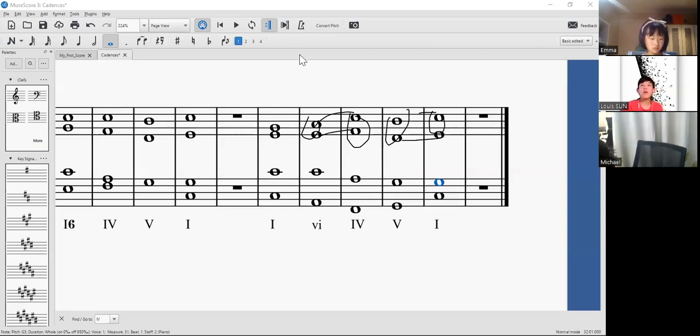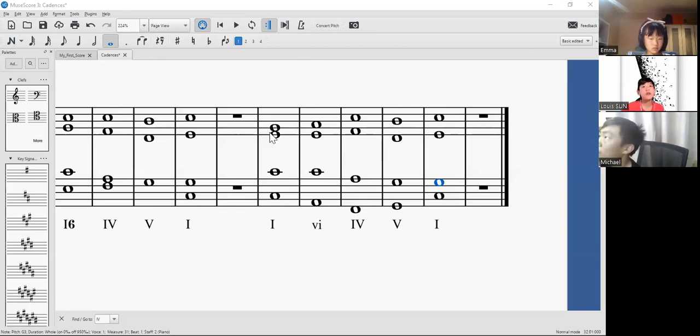Then you check that none of these intervals are a fifth or an octave, and these obviously aren't. So that's the optimal and just about the only way to check for consecutives. So right, let's listen to this.